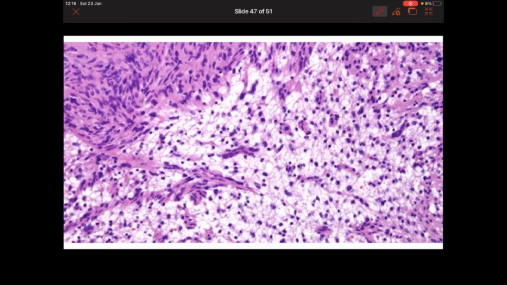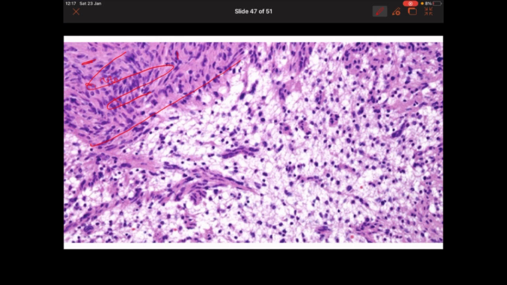This is a closer view of this schwannoma. We can appreciate that these are cells in the Antoni compact area, Antoni A area. The cells are spindled with tapered ends, and they appear wavy. This is the Antoni A area.